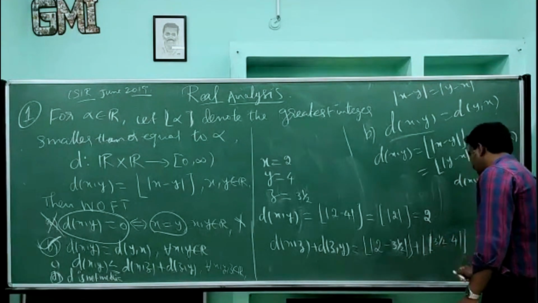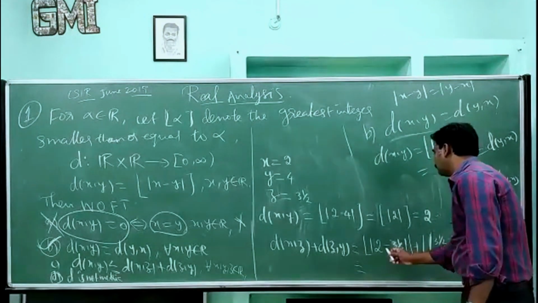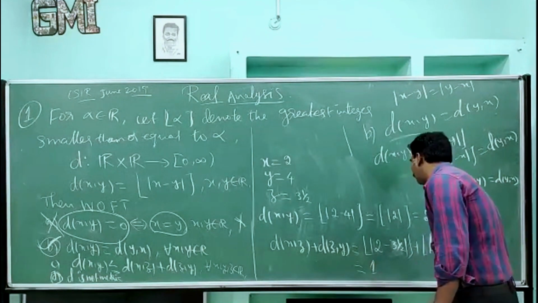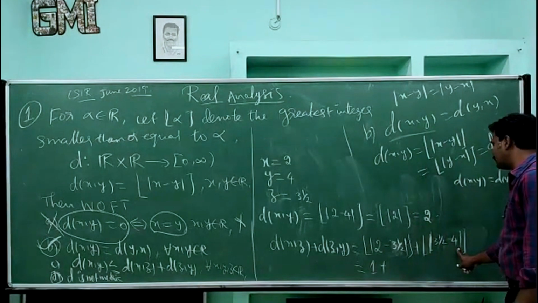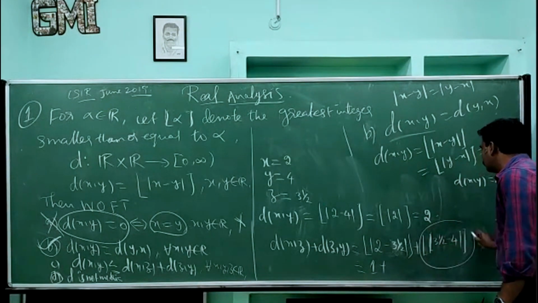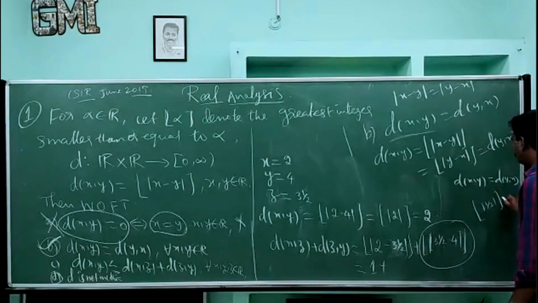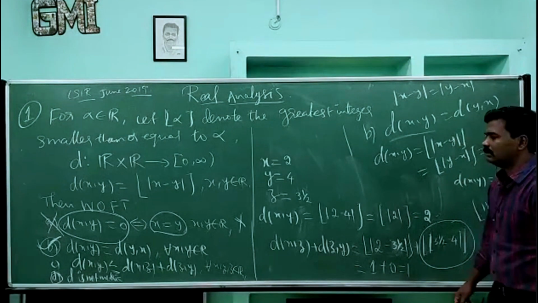Just substitute. This means 1.5, whose greatest integer value is 1, plus the greatest integer of half, which is 0. So the sum is 1.